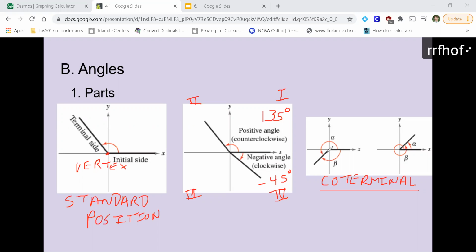They start and stop at the same spots. So this angle alpha would be a positive angle of about 225 degrees. That angle is coterminal with angle beta here of, what would that be, negative 135 degrees.